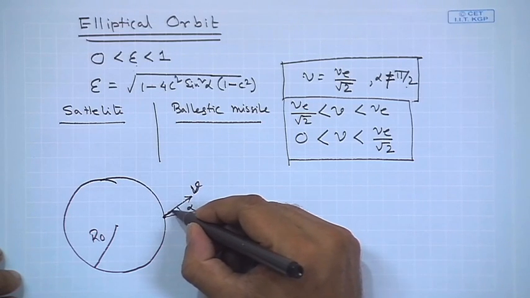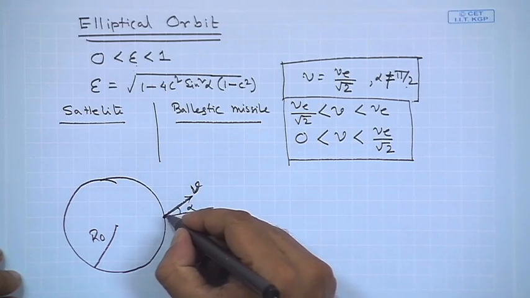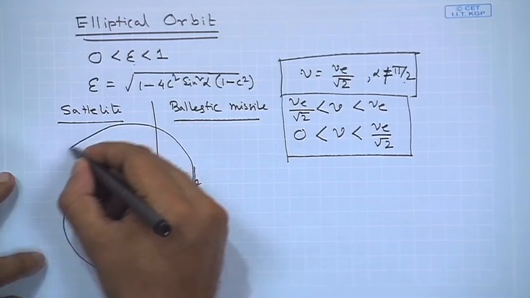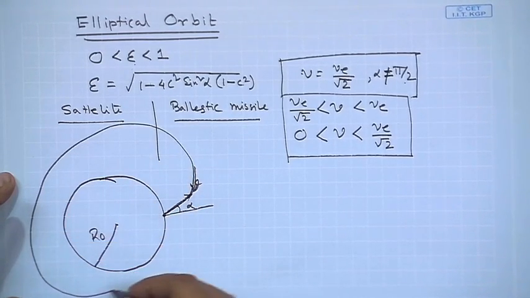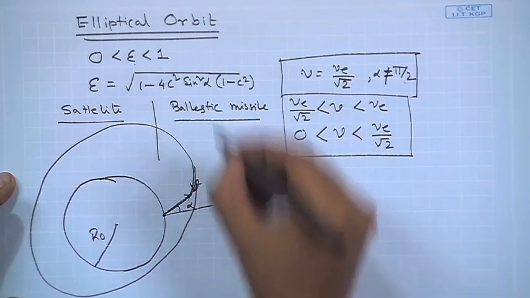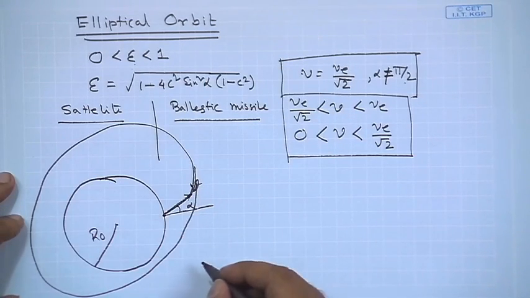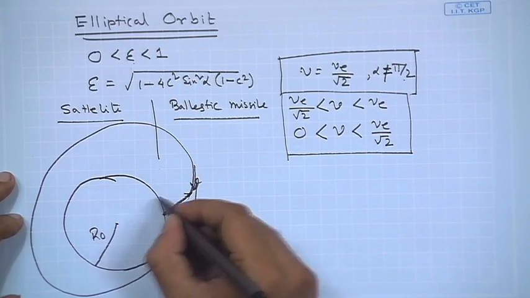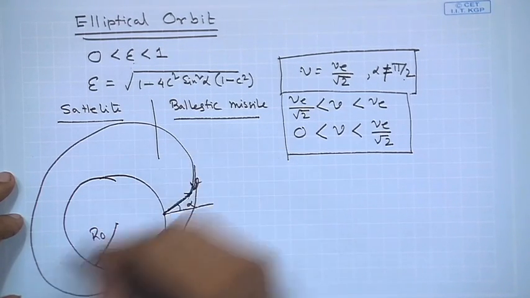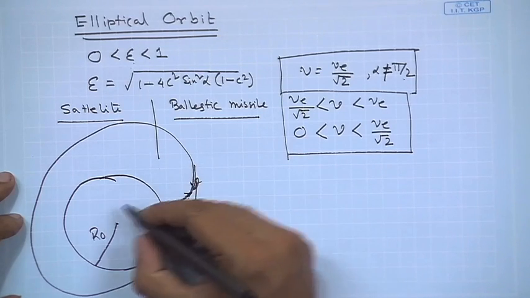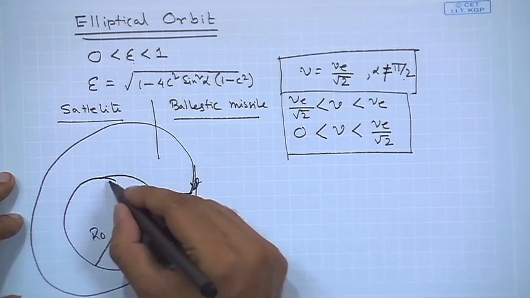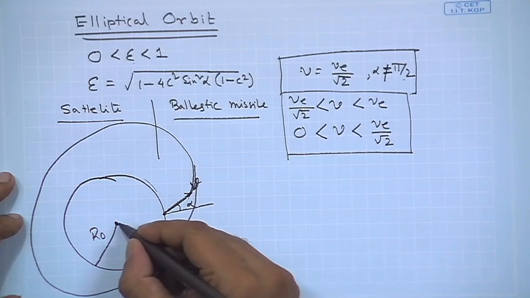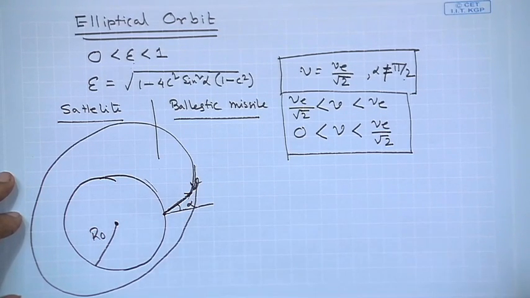Now, if this particle can continue on this elliptical path, it will be an ellipse, because of the gravitational pull coming from Earth. So, Earth has to be in one of the foci of this particular ellipse, right.